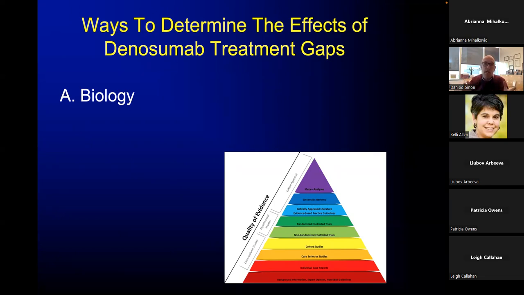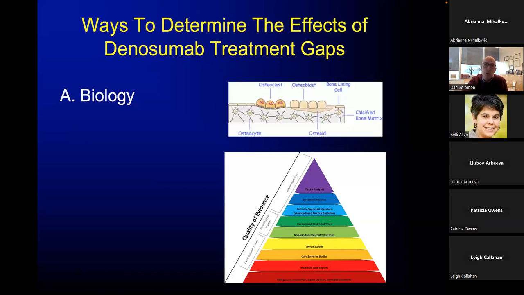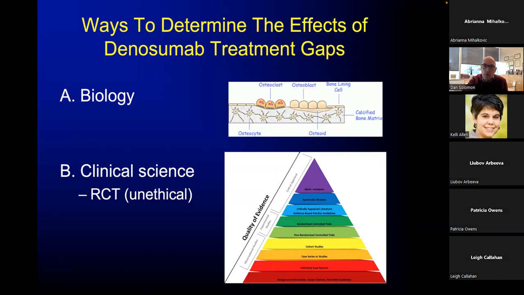But that's nice, and that might underpin what we're observing in clinical practice, but we really want to see what happens in clinical practice, either a trial or a target trial emulation, like I'm going to show you. And so again, clinical science is what we're going to focus on.